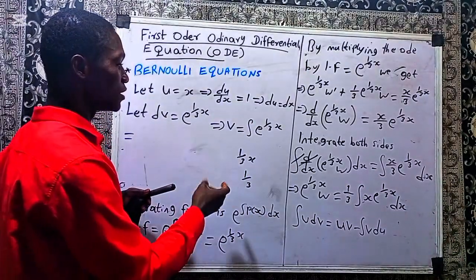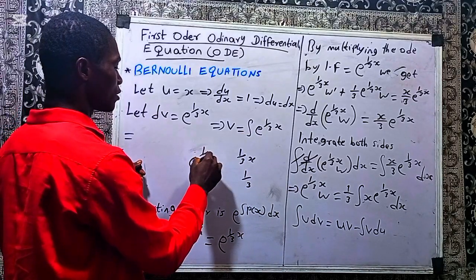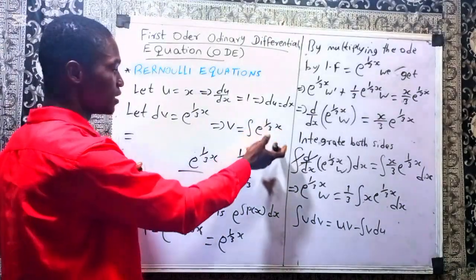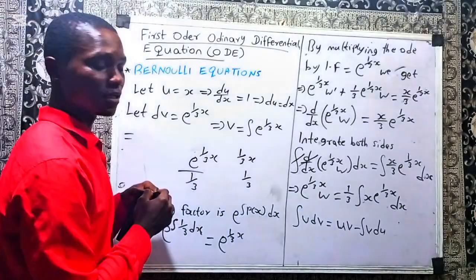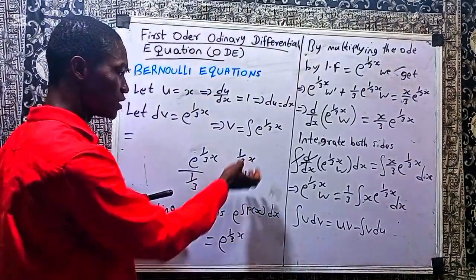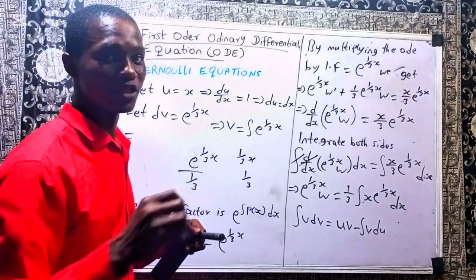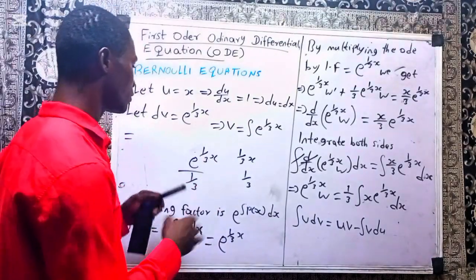So the result will be the exponential function, e to the power of 1/3 x, divided by the result of the derivative of the index. When we differentiated the index, we got 1/3, right? So if the derivative of the index is a constant, use the constant to divide the exponential function. That will give the integral of the exponential.